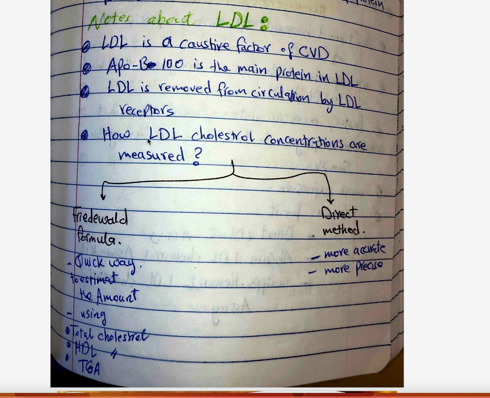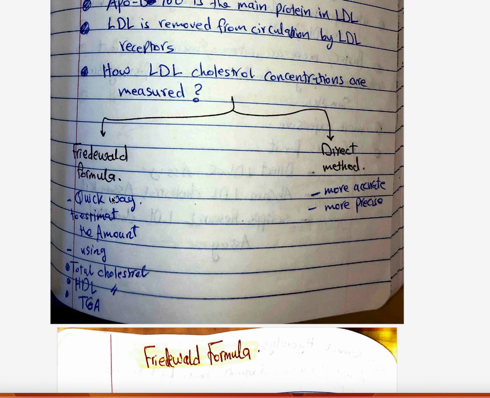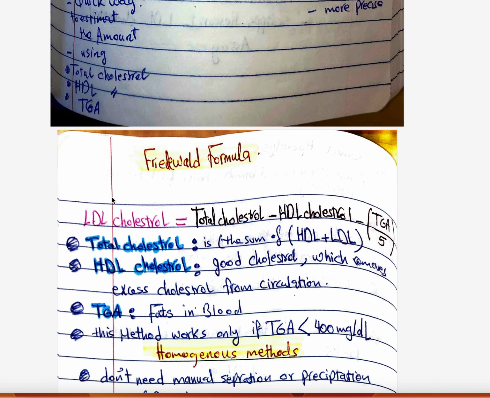So how do we measure the low density lipoproteins? Through the direct method, which is more accurate and more precise, or through the Friedewald formula. We will explain the Friedewald formula, but we are actually using the total cholesterol, high density lipoproteins, and triglyceride to know the concentration of the low density cholesterol.